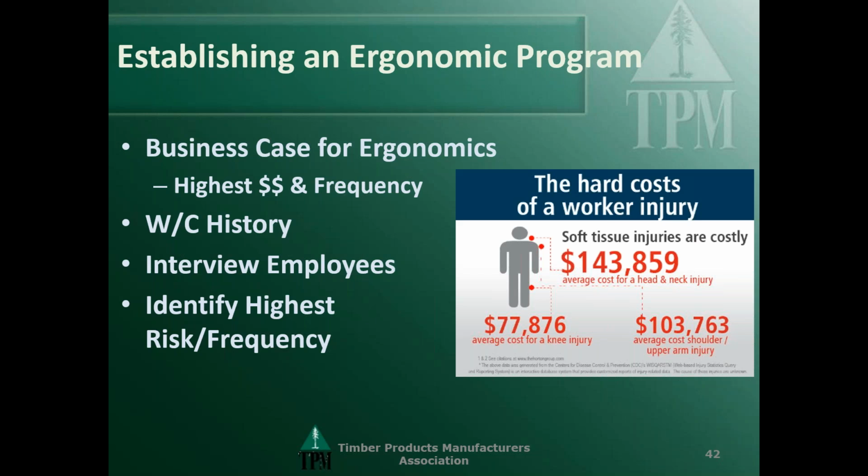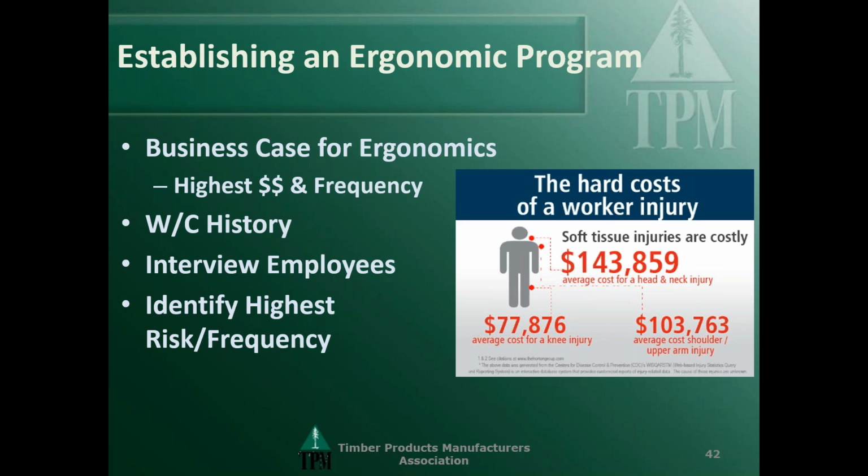So if you need a reason to establish an ergonomic program, you've got to go sell somebody on it. These soft tissue injuries are very likely your highest dollar amount and your highest frequency of claims. If you look at all the strains and sprains and sore backs and sore shoulders and sore knees, you're going to see real quick, holy moly, there's quite a lot of these.